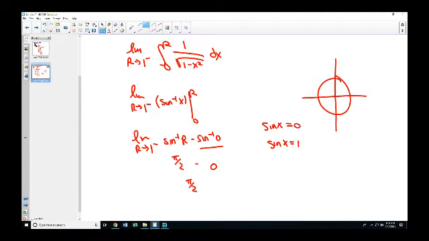We're working within the x values of 0 to 1, correct?